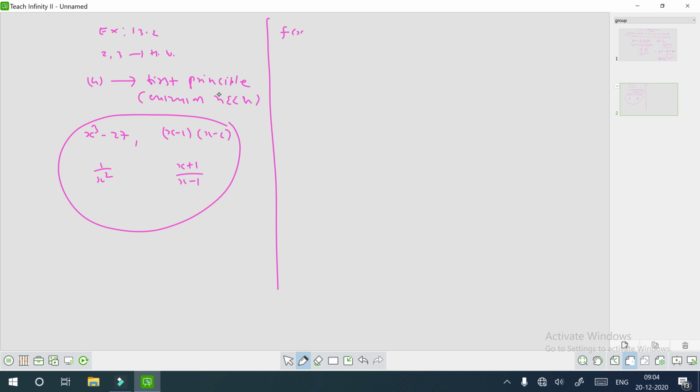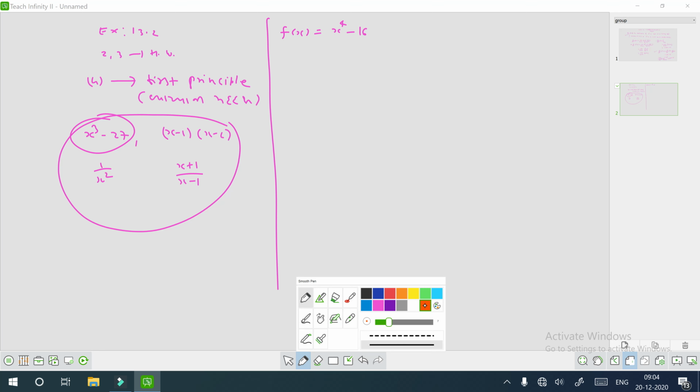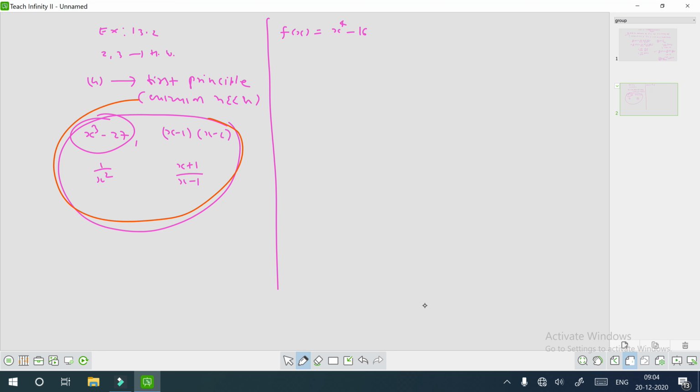Consider f of x is equal to x raised to 4 minus 16. Suppose, in place of this one, I am taking this. So leave all these 4 examples for homework. One by one, I am going to see this type of example.